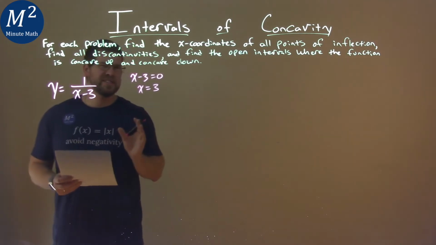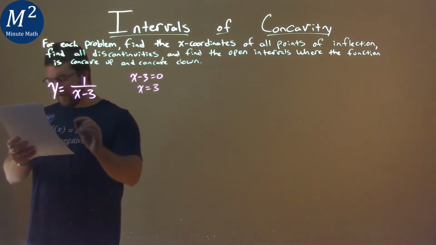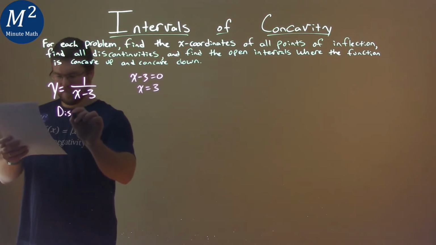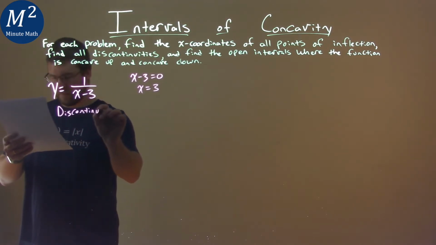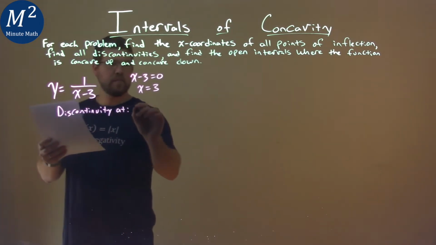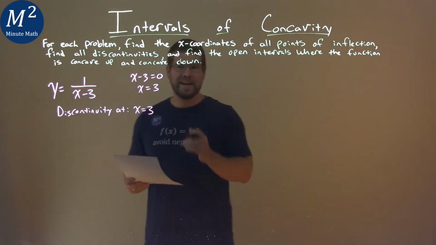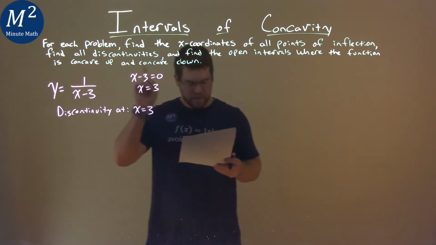And that's where our function is discontinuous, the only time it's discontinuous. So we have a discontinuity at x equals 3 right there at that asymptote. Let's keep that in mind here.